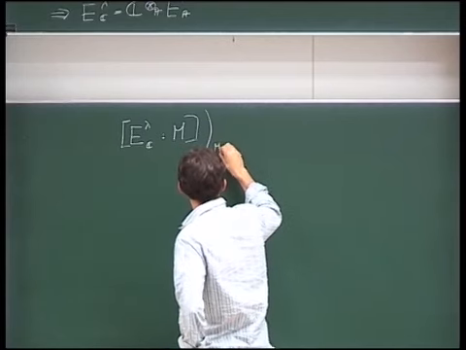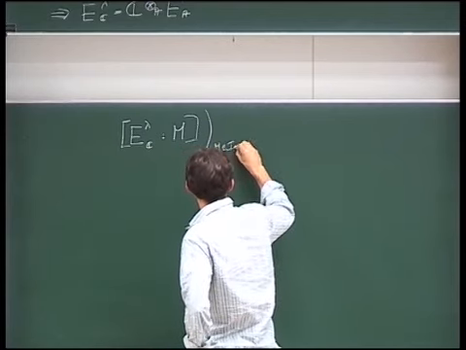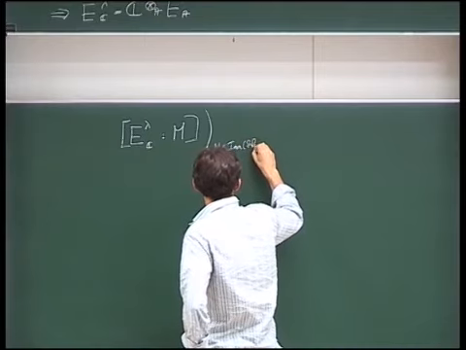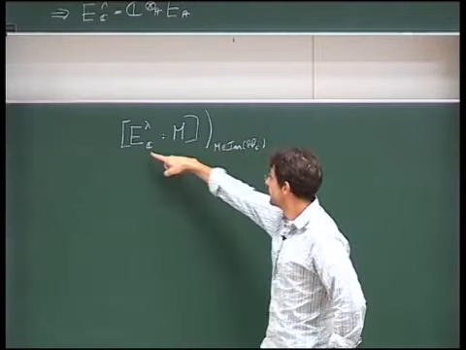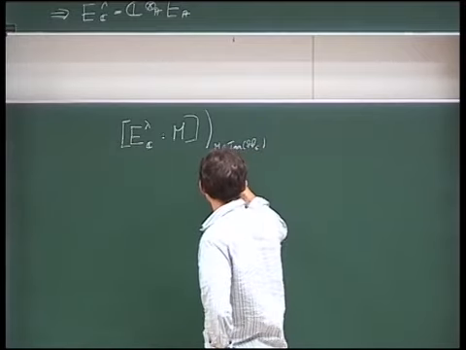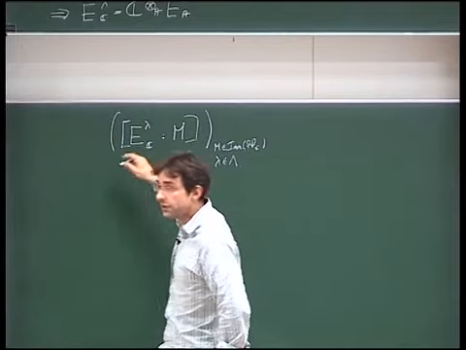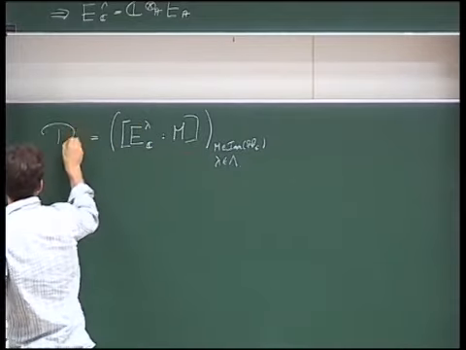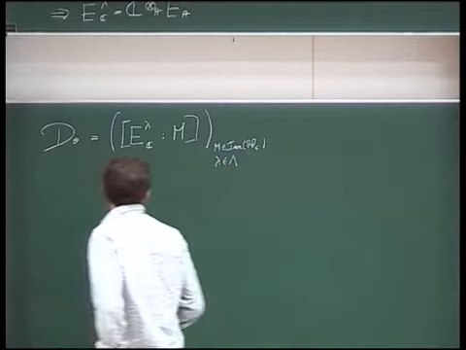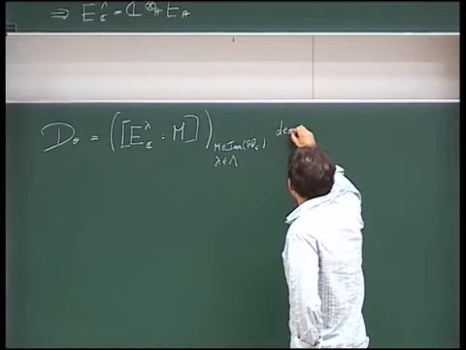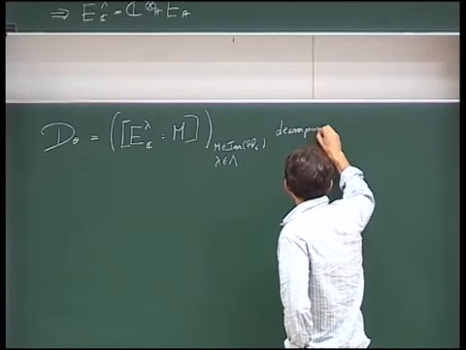So if M is a simple module over Hc, you take the multiplicity of M in E lambda C. You put all these numbers in a matrix, which is the decomposition matrix associated with this specialization.